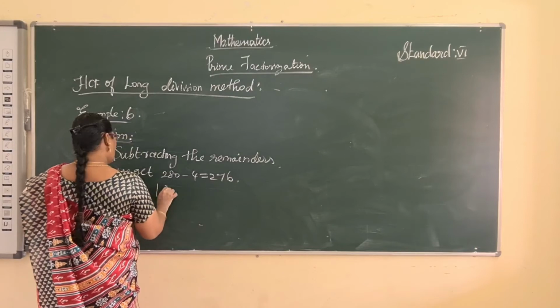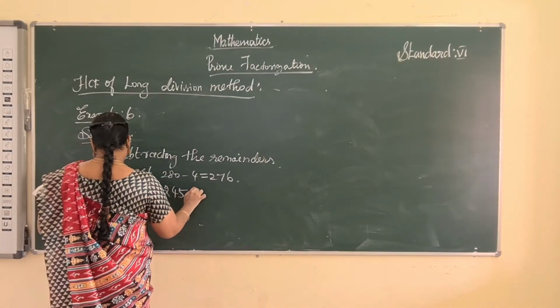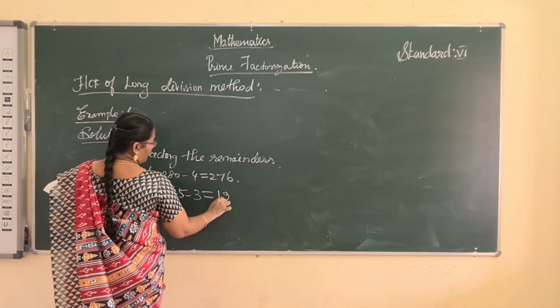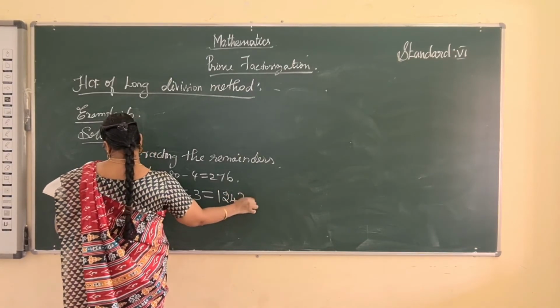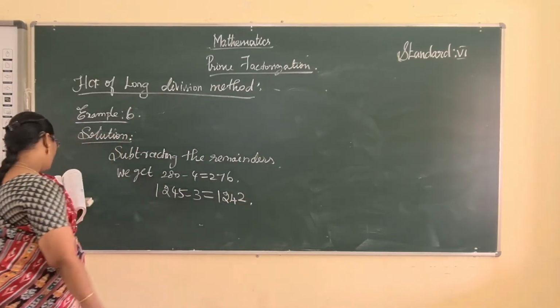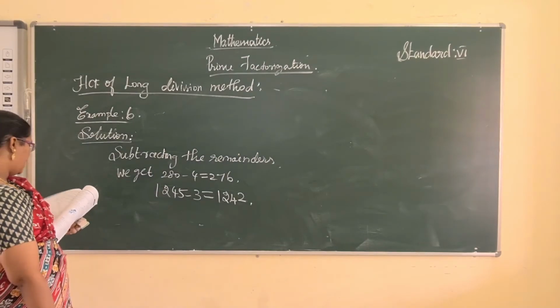Another number is 1245 minus 3, what do we get? 1242. So after subtracting, we get these two values.